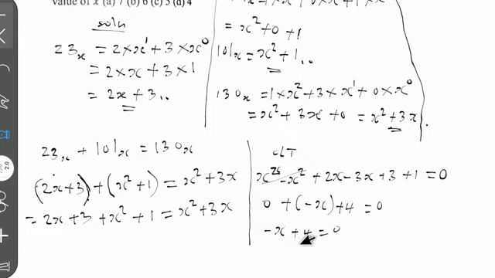To get the value of s now, let's take this 4 to the other side. When you take this 4 to the other side, the sign will change. Here the sign is plus, when you go to the other side it changes to minus. So therefore we have minus s equal to minus 4. You know this minus s is not s.